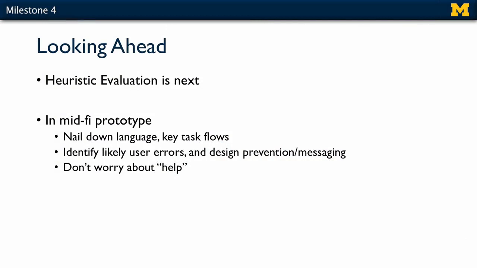And so in your mid-fi prototype, you're going to want to nail down things like the specific language, the key task flows that you're going to be examining, but also you're going to want to include some error handling. So identify places where users are likely to make errors or where errors could occur, and make sure your design includes support for preventing those errors and notifying users when errors have occurred. So you might want to think about those heuristics as you're designing the interface because you're going to be evaluating the interface based on those heuristics in the next step.